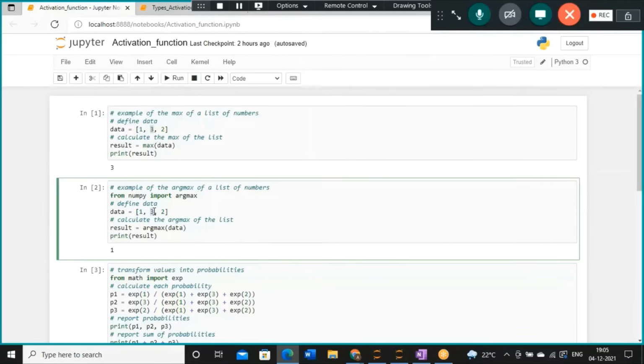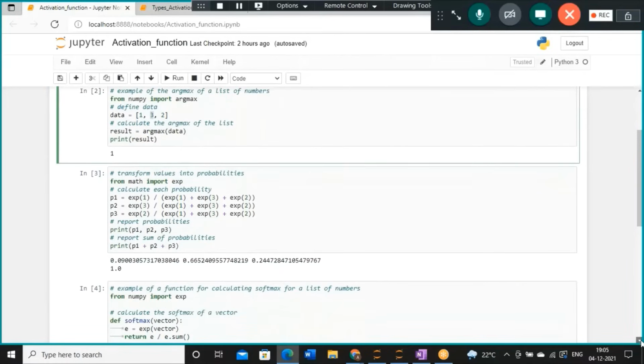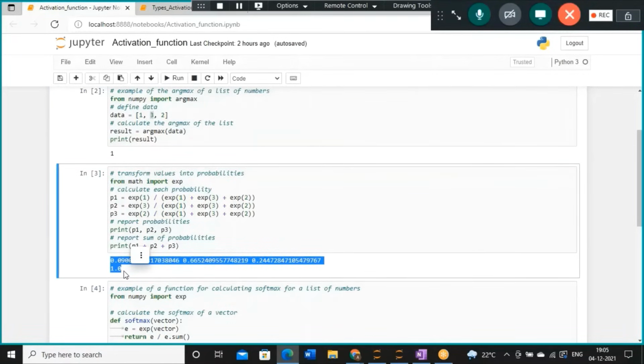But what is our topic of discussion? Our topic of discussion is the softmax function. While defining the softmax function, we have to try all this, and we have to decode the output also. Whenever we are talking about the softmax function, try to understand that it converts a vector into some kind of probability. So what is this concept all about? I am implementing the same list, 1 3 2, which is the data list I am using.